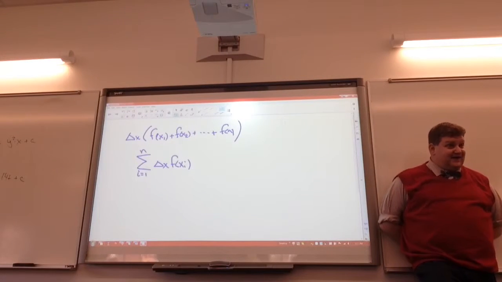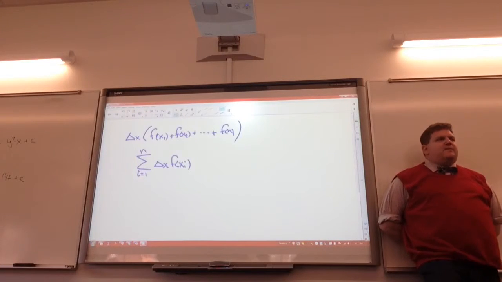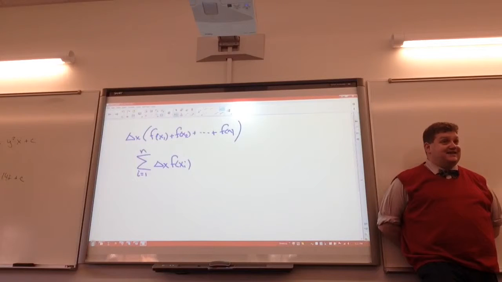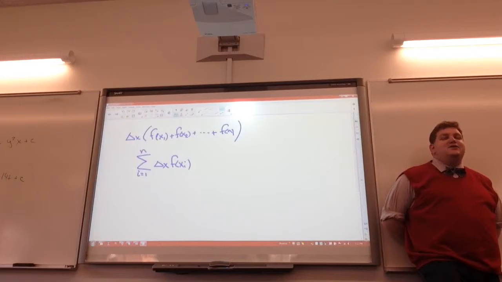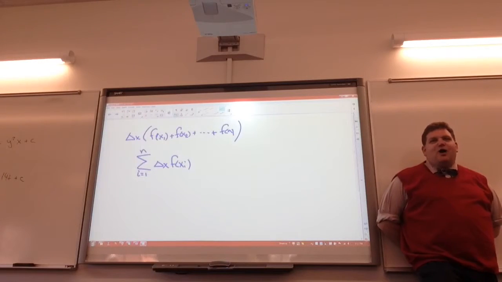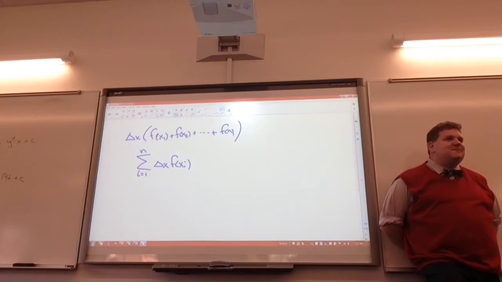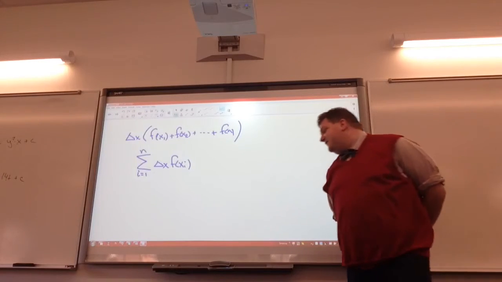But what happens if I put an infinite number of rectangles? How wide do they become? Infinitely wide? No, quite the opposite. Small. Almost zero, right? What tool can I use to get things arbitrarily close to something else? The limit. Good.